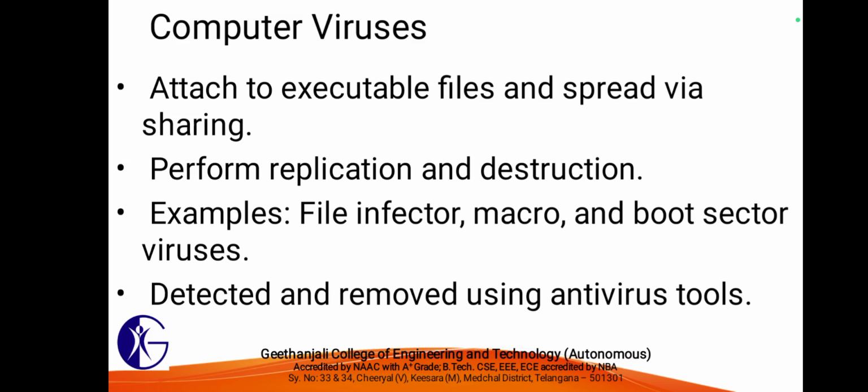Some viruses corrupt files while others display unwanted messages or crash systems. Examples include file infector viruses, macro viruses, and boot sector viruses. Effective antivirus software can detect and remove them before execution.